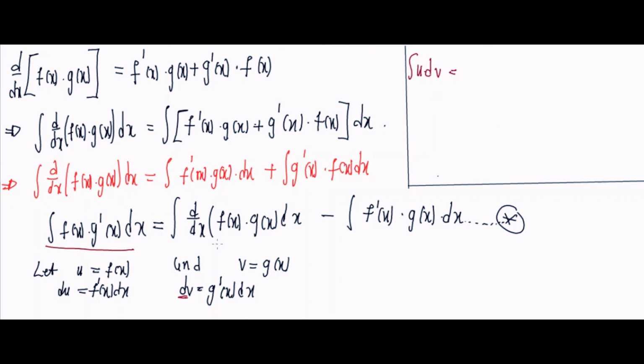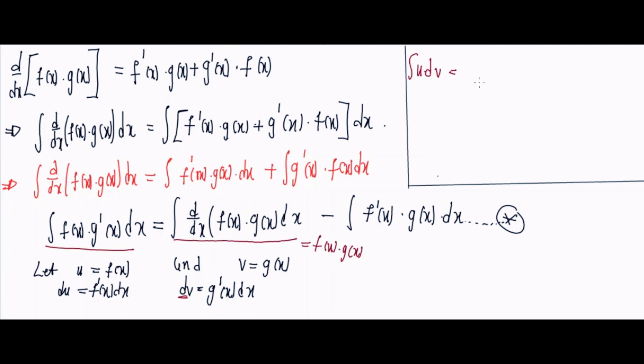So you need to remember that the integral of this is just equal to the integral of f of x times g of x. So we're going to take it out. So we'll have f of x times g of x.